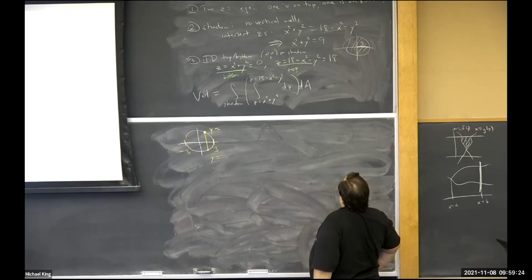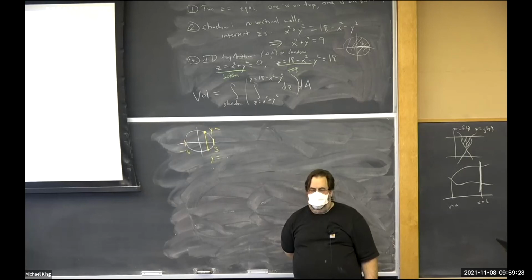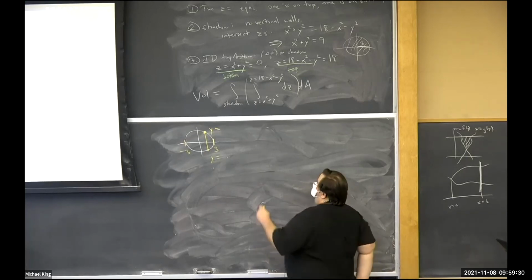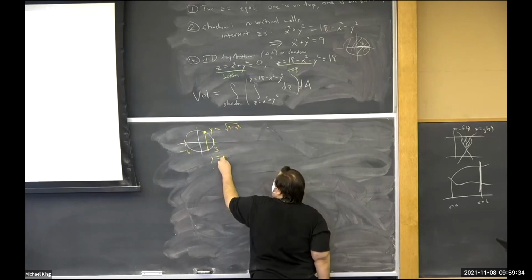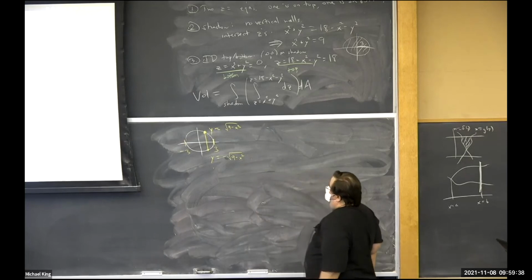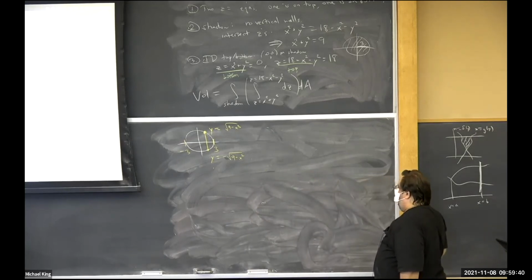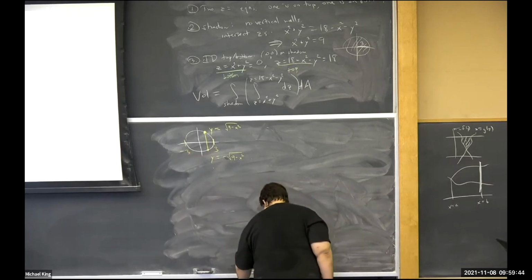So we have the equation x squared plus y squared equals 9. If I solve that for y, what do I get? You get the square root of 9 minus x squared, and you get the negative. So it's a plus or minus. And then the slices go from x equals -3 to x equals 3.